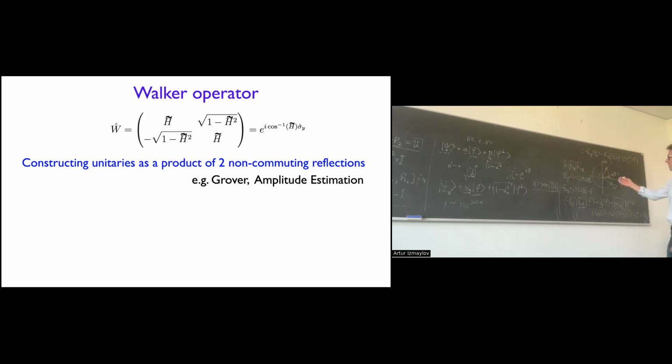And then if you do more algebra, it's easy to see that really the unitary that we have here is something like cosine of theta, sine of theta, and minus sine of theta, cosine of theta.